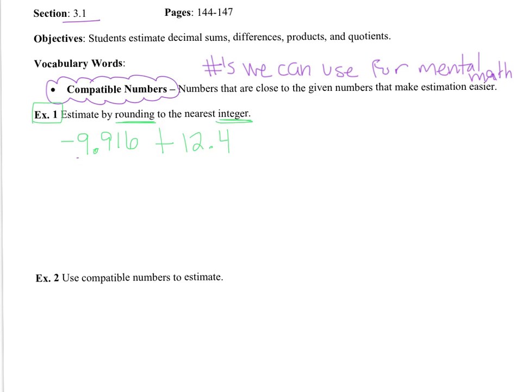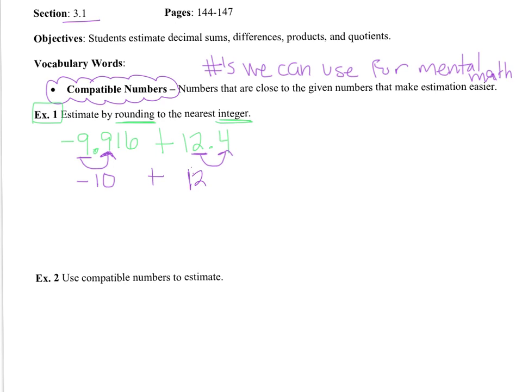So I'm going to look at my ones place value and then look behind it. If I'm rounding 9 and 9 tenths, well, that's really close to 10, or negative 10, because that 9 tells me to round up. So negative 10 over here. On the 12, I look behind it and I see a 4, and 4 is less than 5, so that tells me I round down to the positive 12.